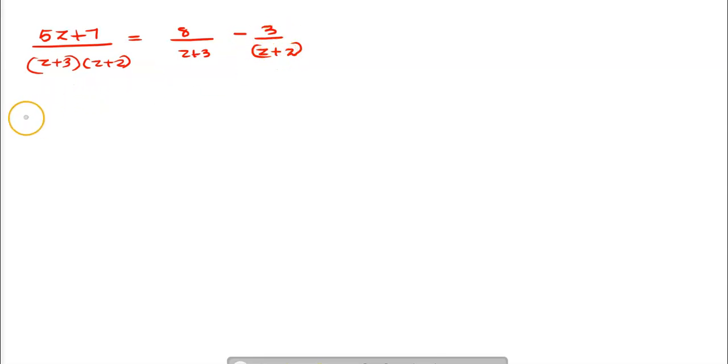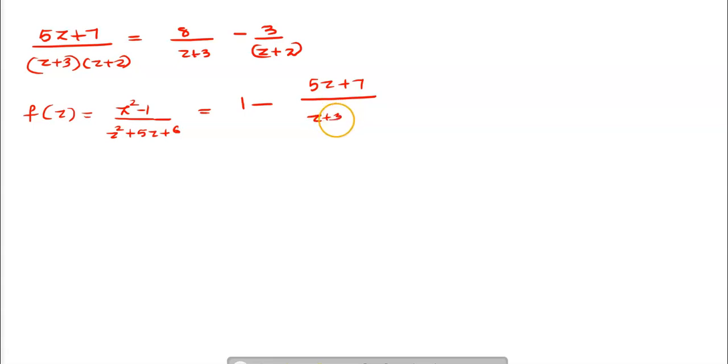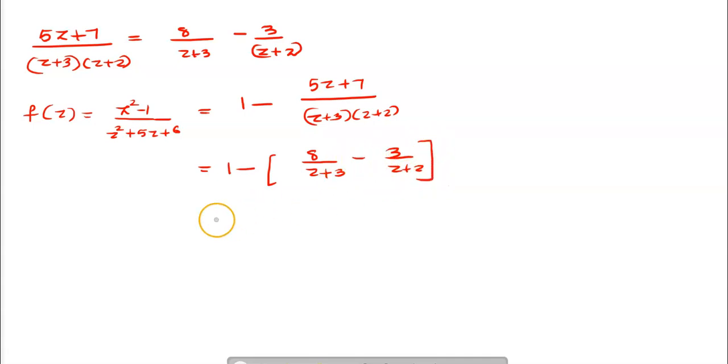But our function f(z) = (z² − 1)/(z² + 5z + 6) is written as 1 − (5z + 7)/((z + 3)(z + 2)). So we can write it as 1 − [8/(z + 3) − 3/(z + 2)], that means 1 − 8/(z + 3) + 3/(z + 2).